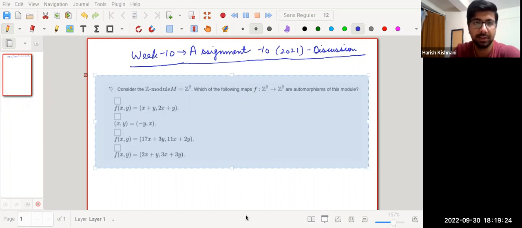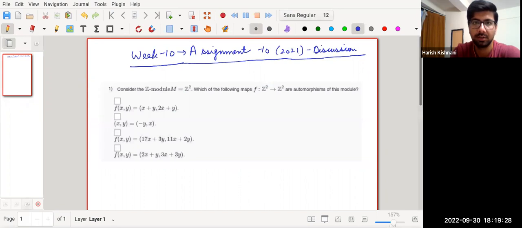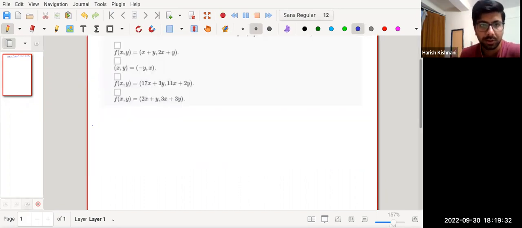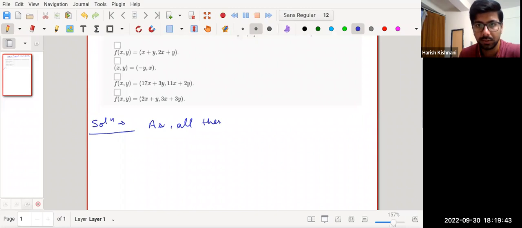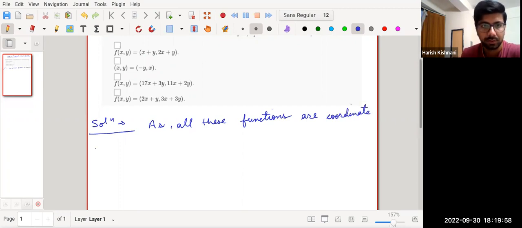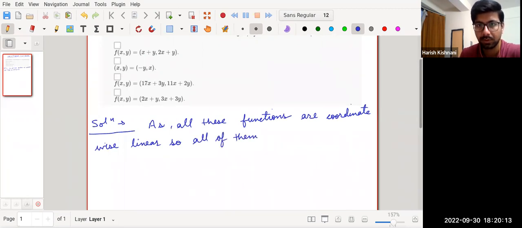So the solution is: all these functions are coordinate-wise linear, so all of them are homomorphisms.